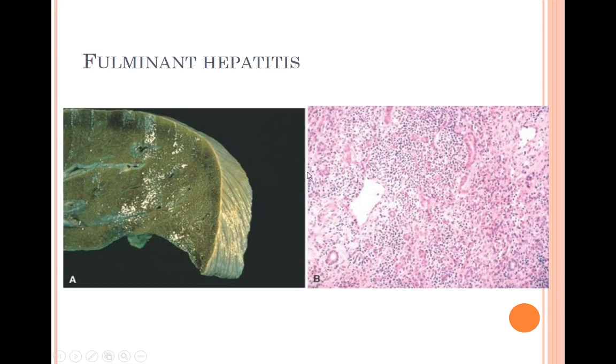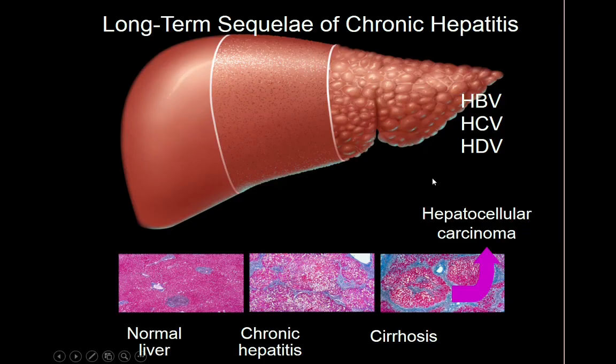This is what I mean when I say the capsule is wrinkled. You can see the surface here, there is wrinkling of the capsule. This is fulminant hepatitis. The hepatocytes are replaced by inflammatory cells, and finally this will be replaced by necrosis.